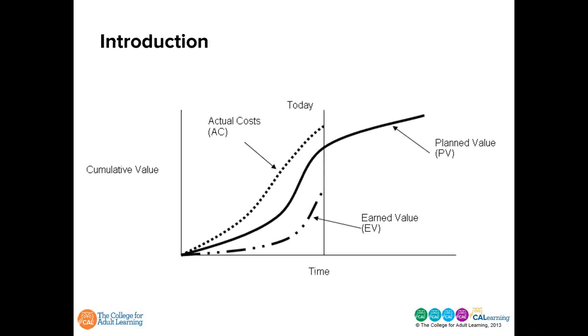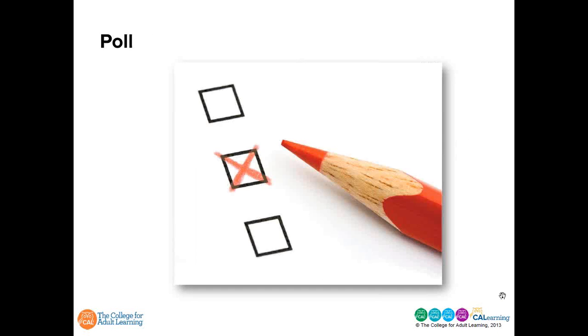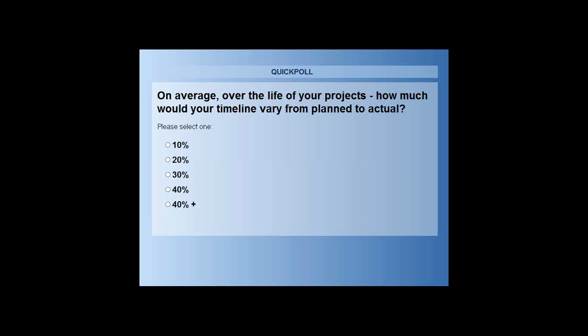I will interrupt you there just for a second while we run a quick poll. So in just a second you will see on your screen the question. On average, over the life of your projects, how much would your timeline vary from planned to actual? With the answers there, 10%, 20%, 30%, 40%, or 40+%.